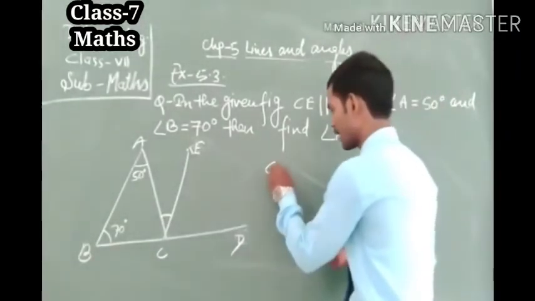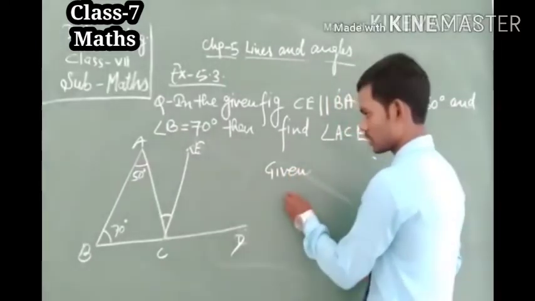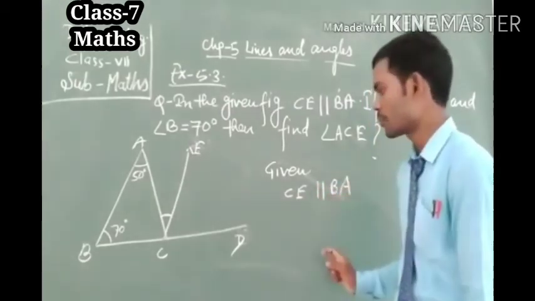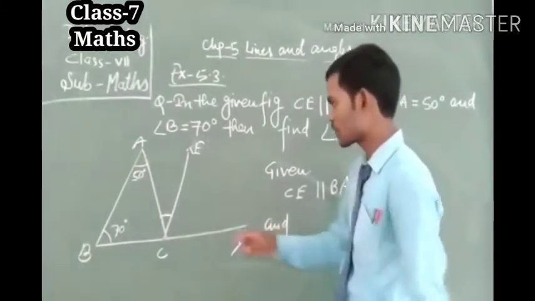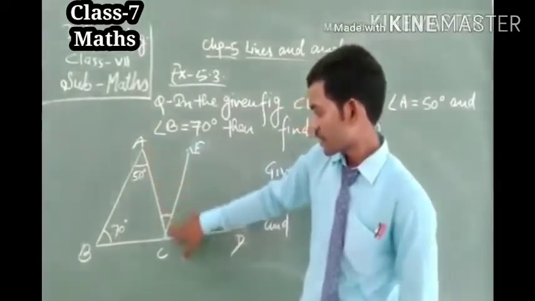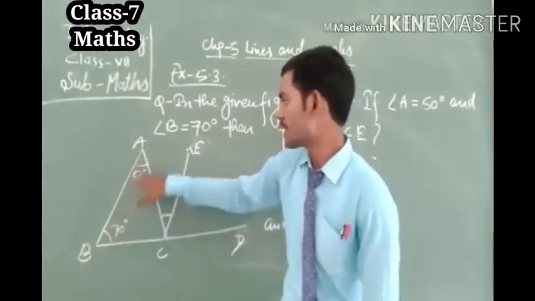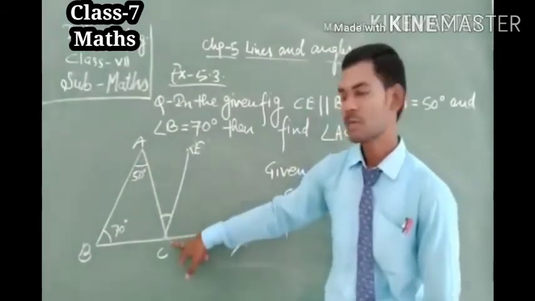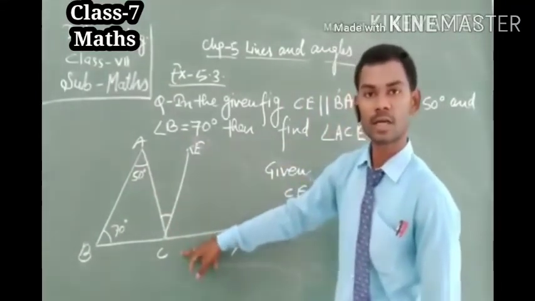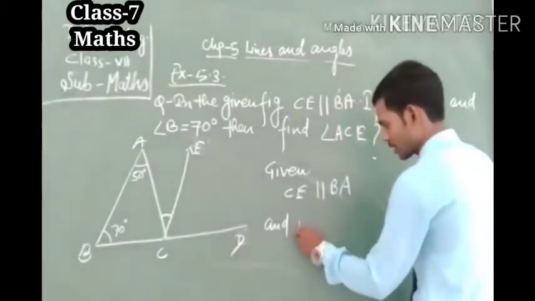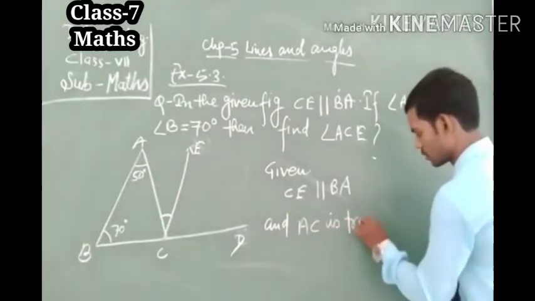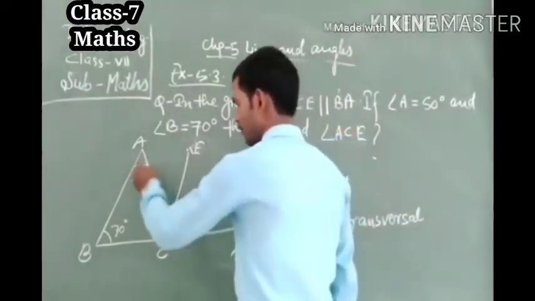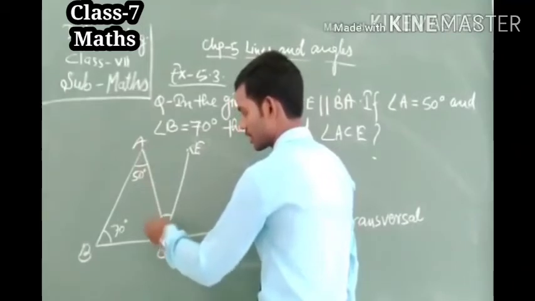Because here it is given CE parallel to BA, and in the figure we can see that AC cuts the lines BA and CE at two points A and C. That means the line AC is the transversal.